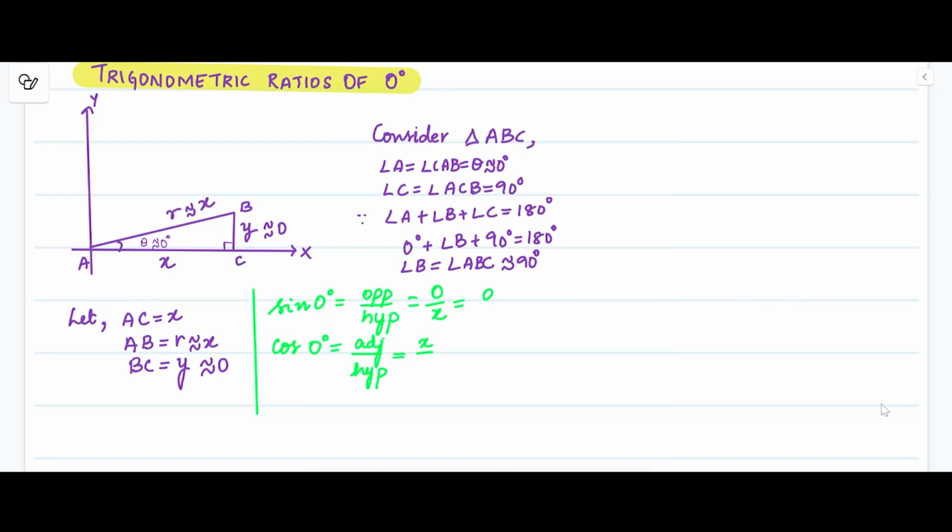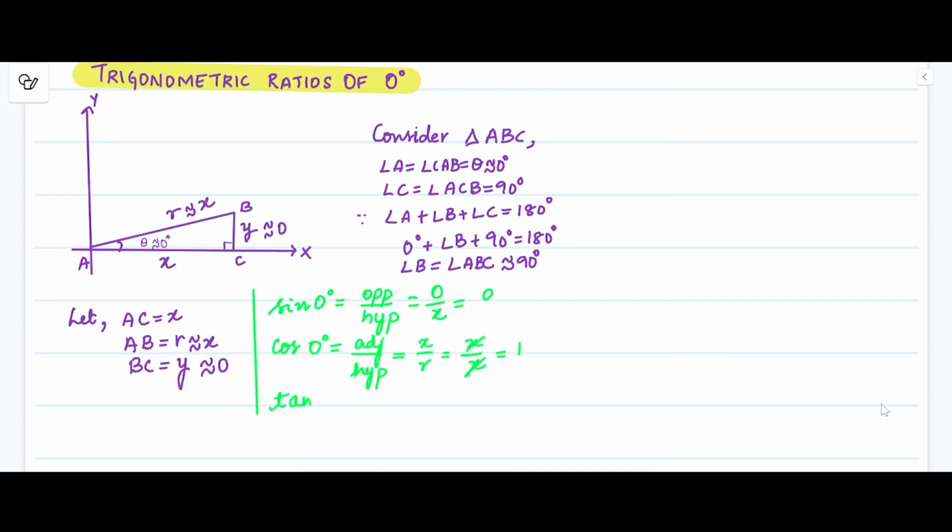Hypotenuse side is the side which is opposite to the right angle of the triangle. That is, this angle is 90 degrees, and the side opposite to 90 degrees is side AB, which is having the value almost equal to x. We can say x divided by r. We can substitute our value of r to be almost equal to x. So therefore x divided by x is equal to 1.